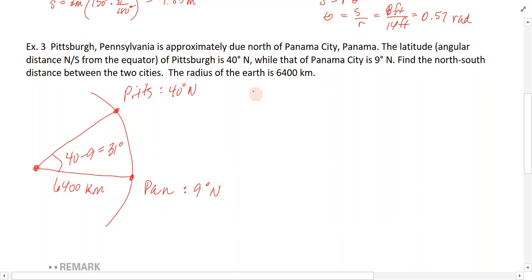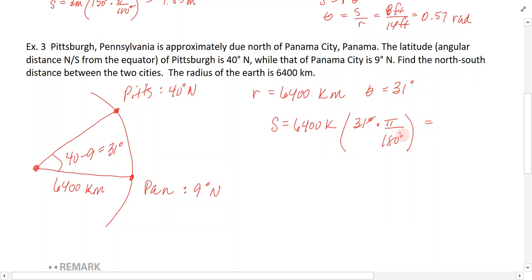So if I know that the radius is 6,400 kilometers, I know theta is 31 degrees, then I can just use the arc length formula to find out the distance. So S is equal to 6,400 kilometers times 31 degrees, but you have to change that into radian measure, so times pi over 180.